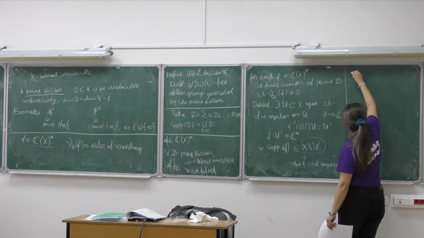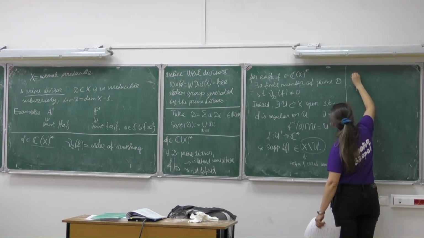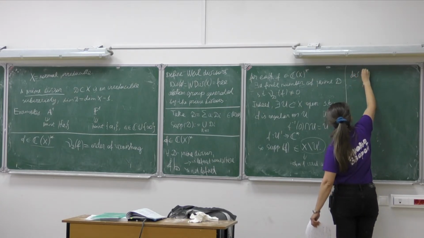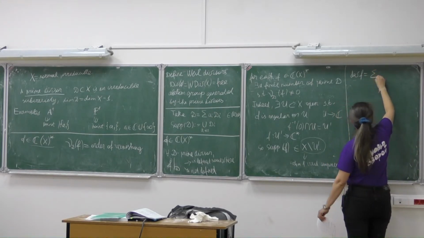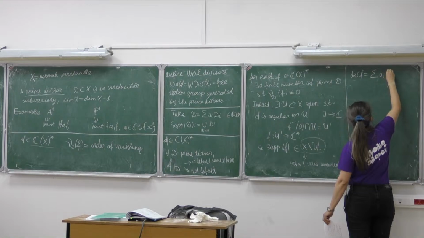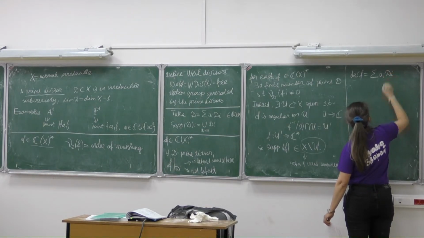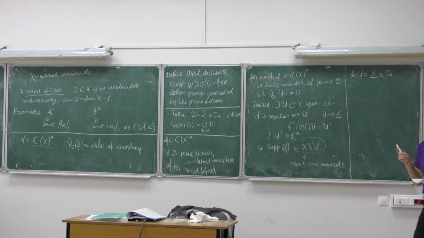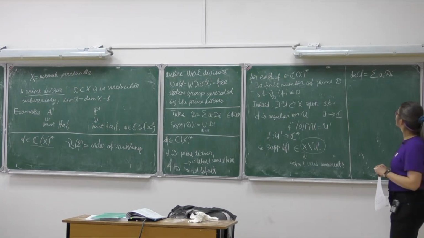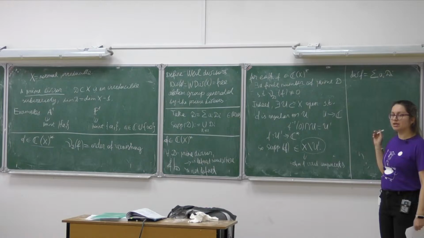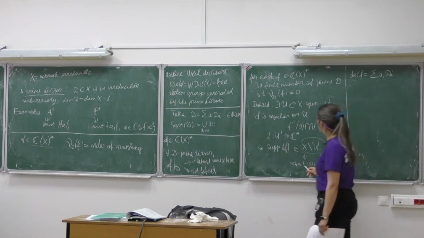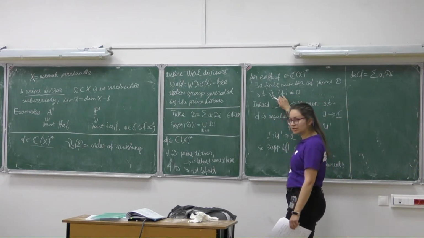We get that the divisor of a function f is equal to some finite sum a_i d_i. So for each rational function, we have its divisor given by this formula. a_i can be computed as the order of f along d_i.